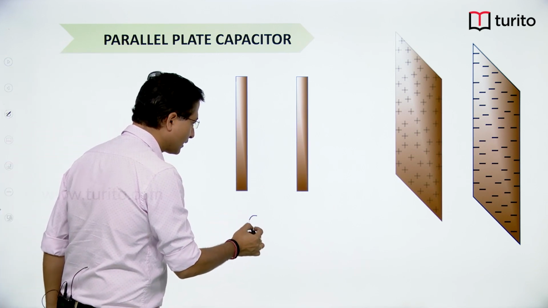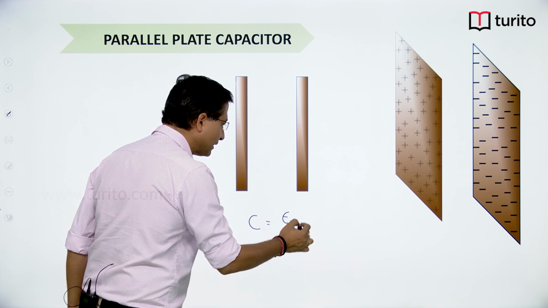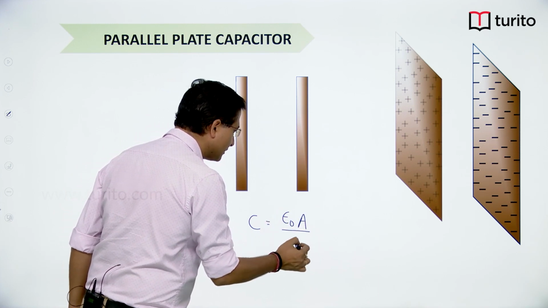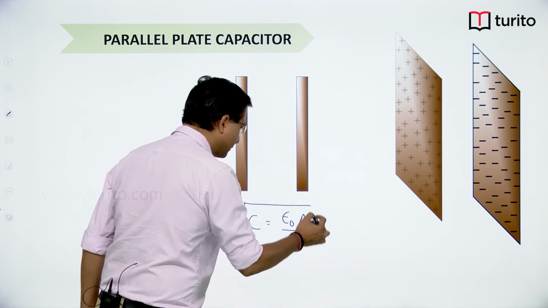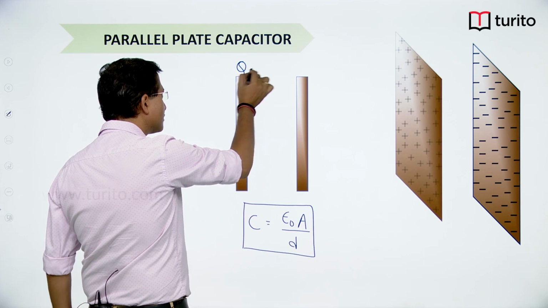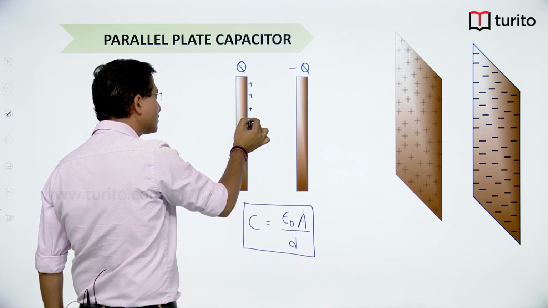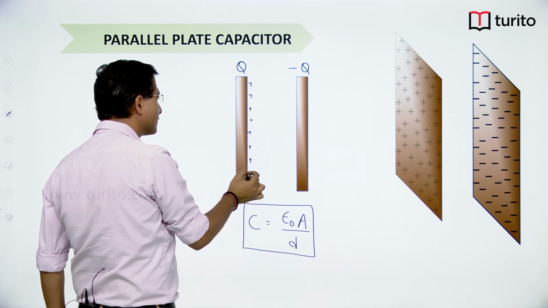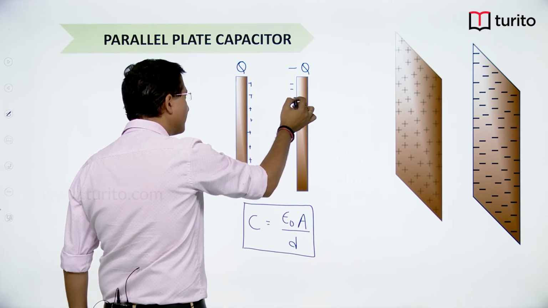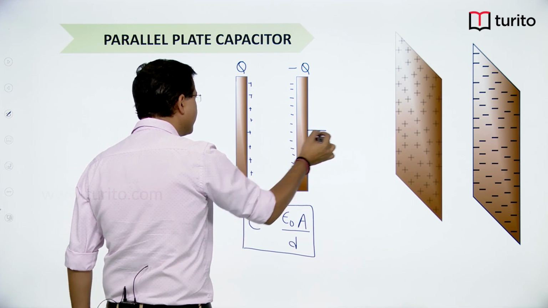So, I clear all the thing, separately I write epsilon naught A by D is the capacitance, this is Q, this one is minus Q, plus will appear on this face, minus will appear on this face, and in this region there will be field.